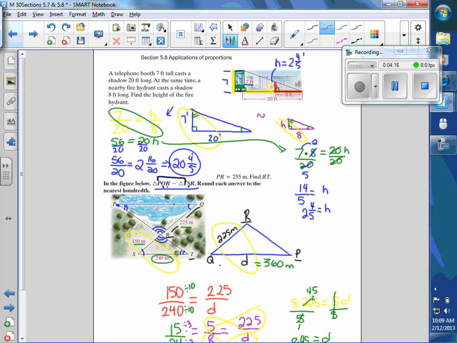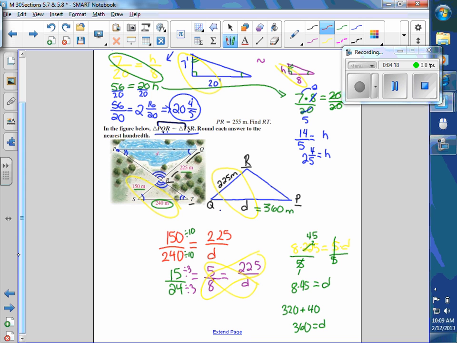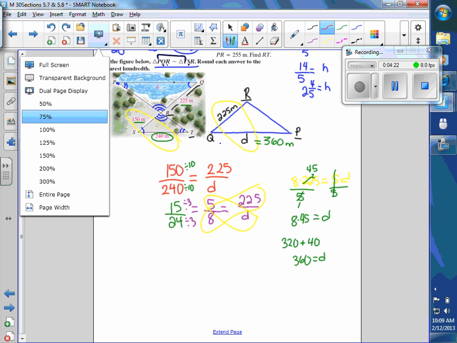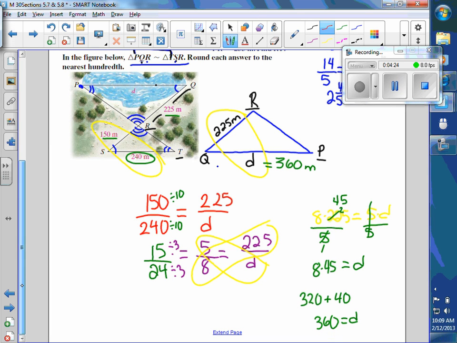For example, if you look at the example from last night, even if you didn't look at the video, this situation over here becomes very big. 8 times 225, and then you have to divide, so you're wasting time. So I would practice it.